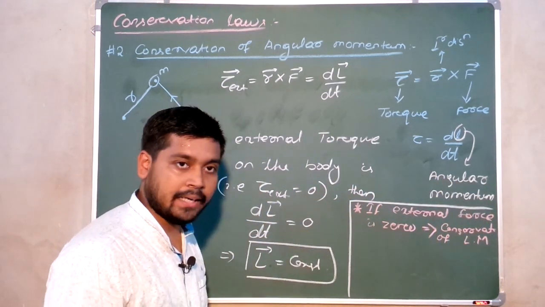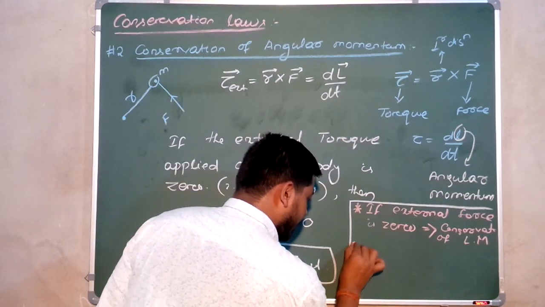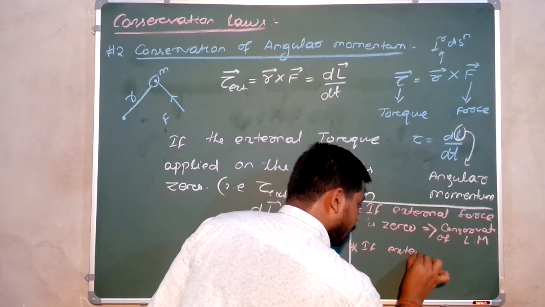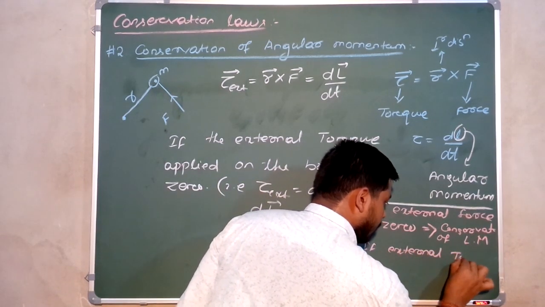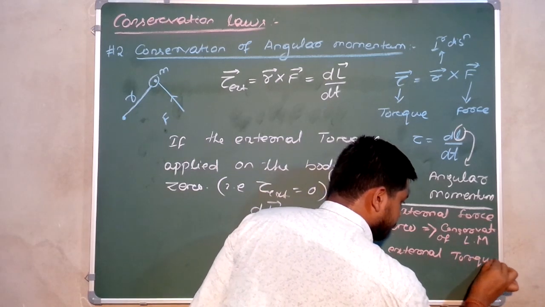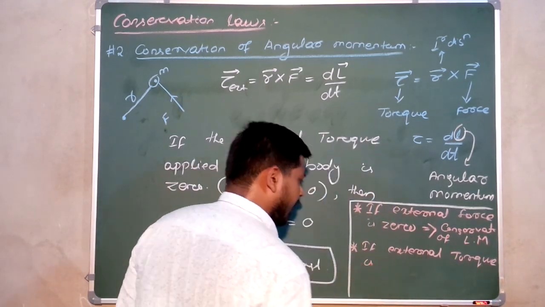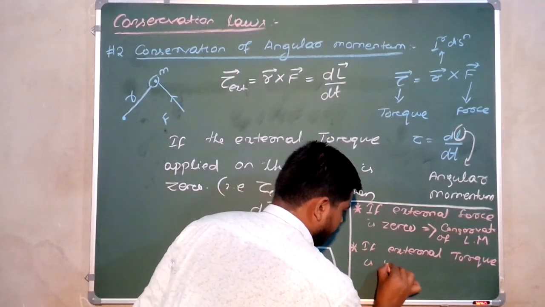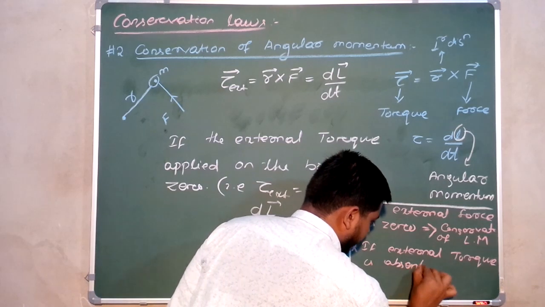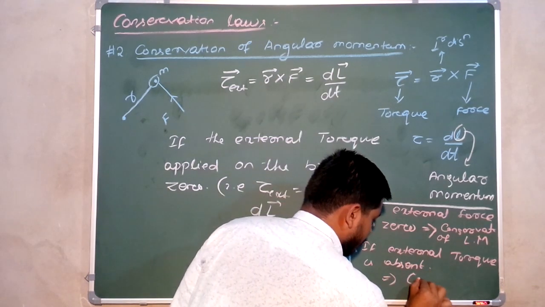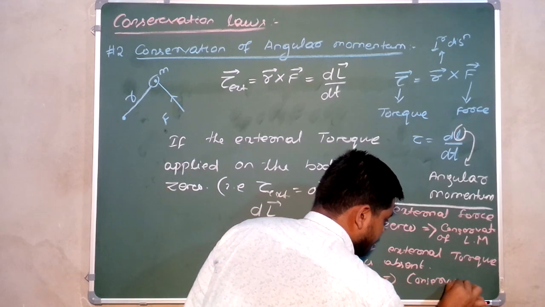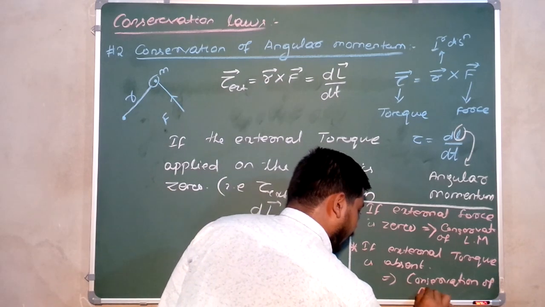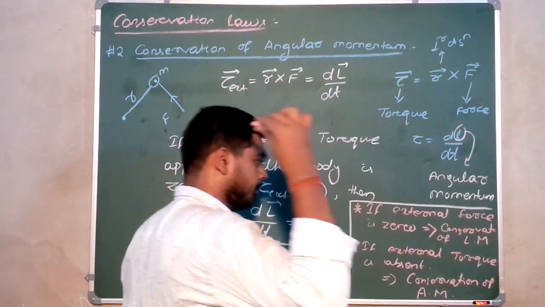Second one, if external torque is 0 or absent, then it leads to conservation of angular momentum.